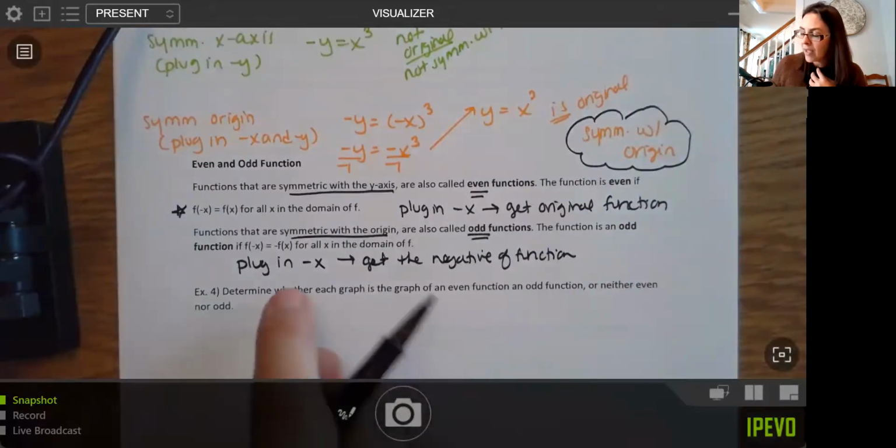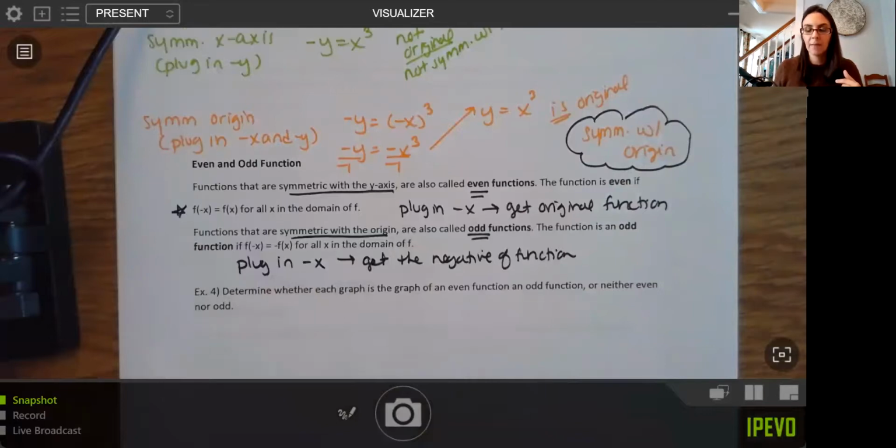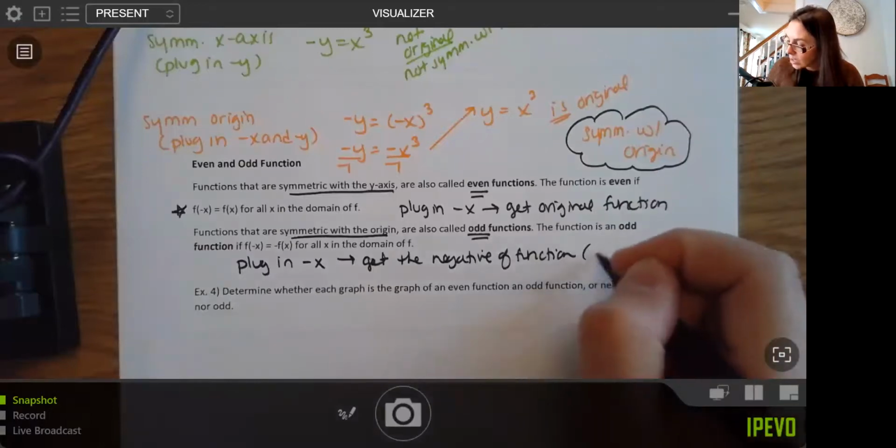So when I plug in negative x, I would need a negative y here to make the original function again. So it's just a different way to check. When you plug in negative x, you're looking to see that the negative of the function gets spit back out. So when you have the negative of the function, it really means that all signs change.